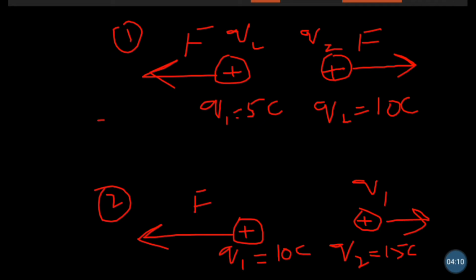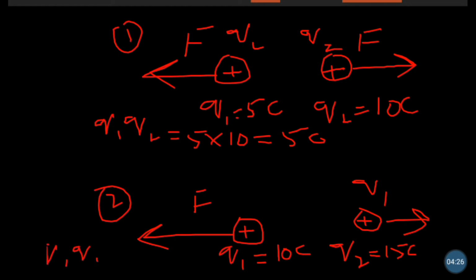First of all, we will find the product. In diagram number 1, the product of Q1 and Q2 is 5 multiplied by 10, which is equal to 50. But in diagram number 2, the product of Q1 and Q2 is 10 multiplied by 15, which is equal to 150.